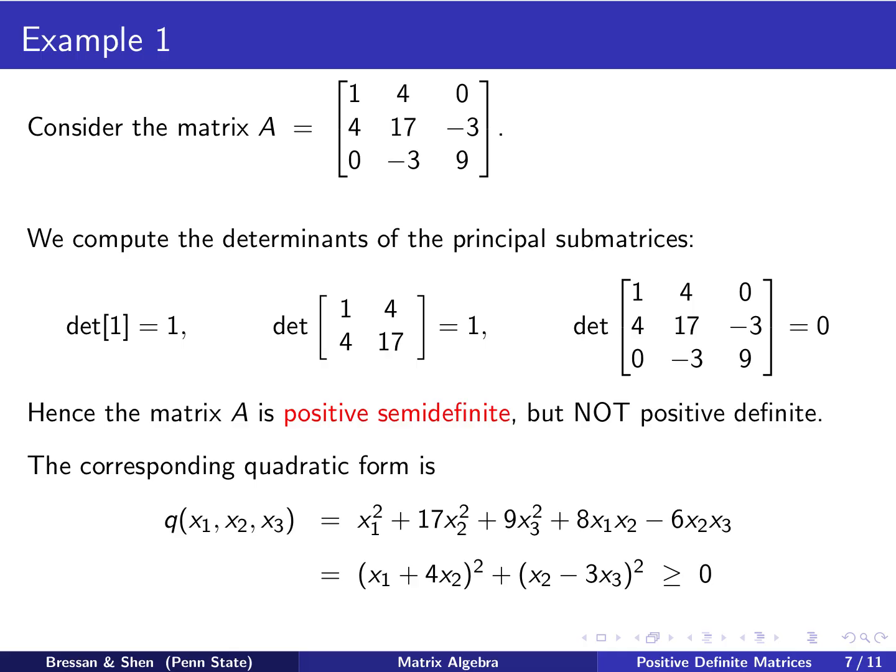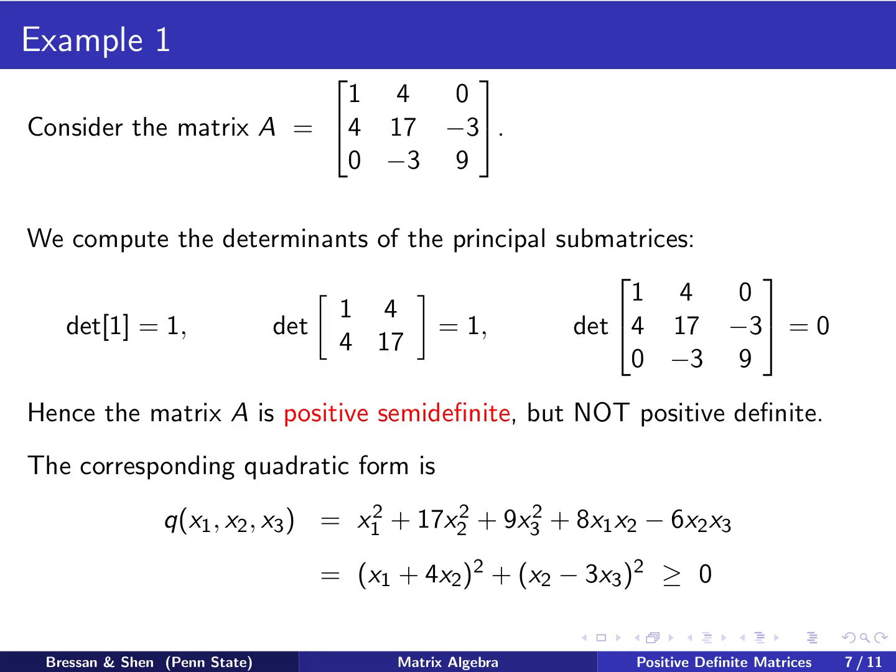And then in front of x1 x2 will be twice the entry a12, which equals a21. And then in front of x2 x3 will be the sum of these two, so it's -6. And then the other one is 0, so we don't take it.